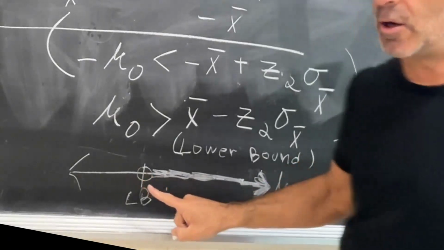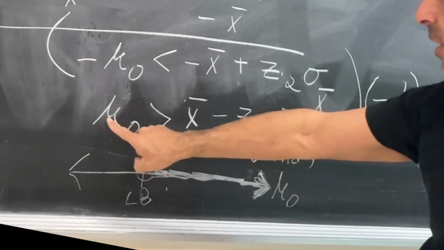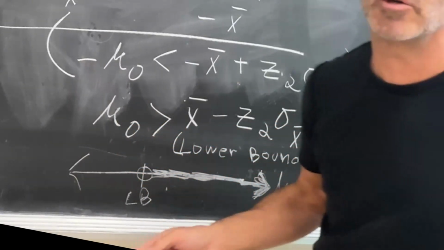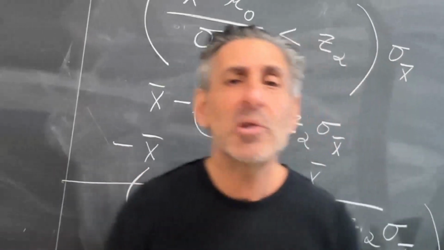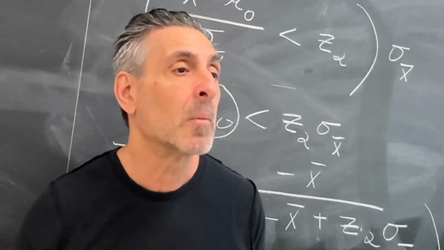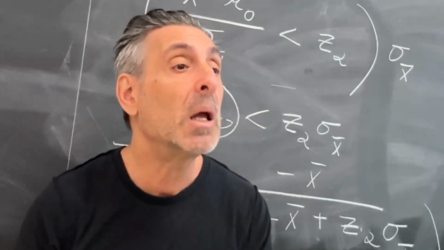So this point here is the lower bound. And we see that the hypothesized mean can be made as large as we wish, arbitrarily large. In the language of mathematics, this means that the hypothesized mean approaches a mental construct which we humans call infinity.